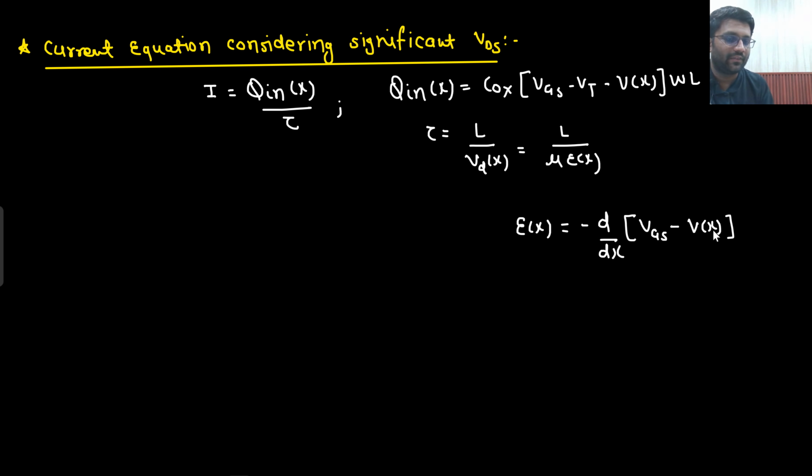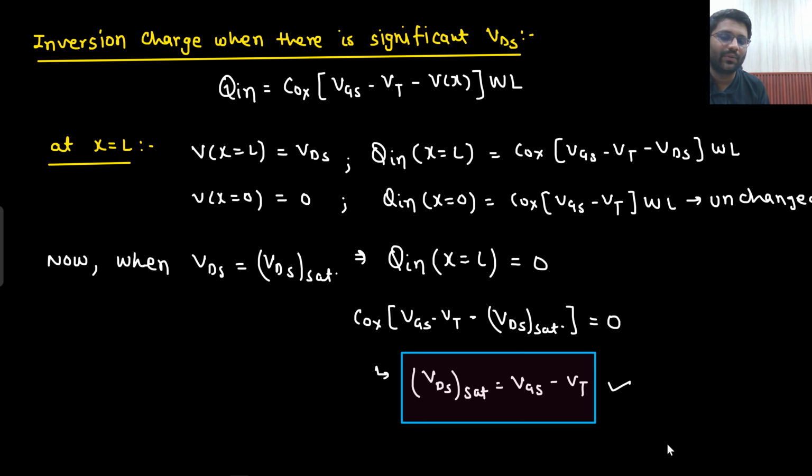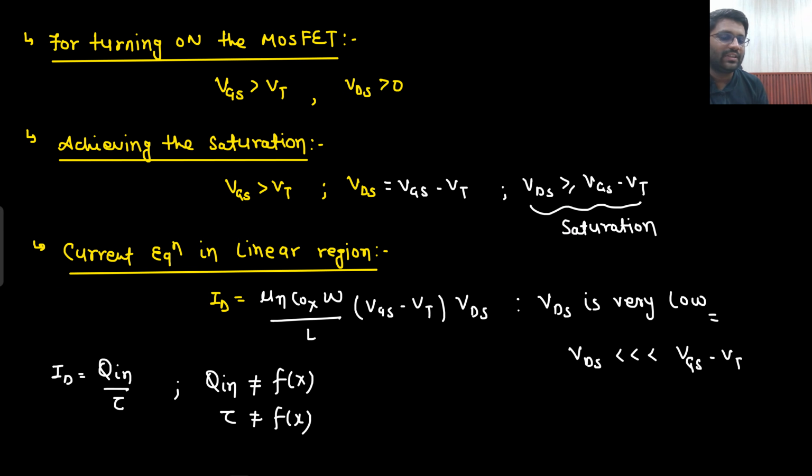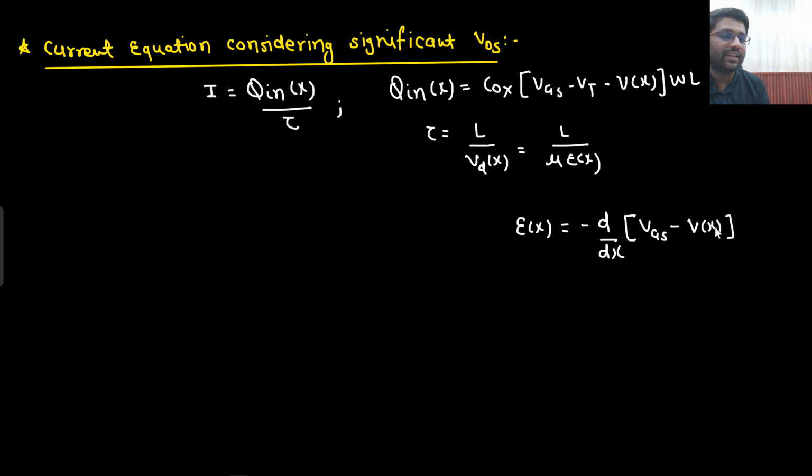At x equals L you have VDS, at x equals 0 you have 0 potential. I am talking about the Vx value, which is a function of x. VGS is not a function of x, only Vx is a function of x.